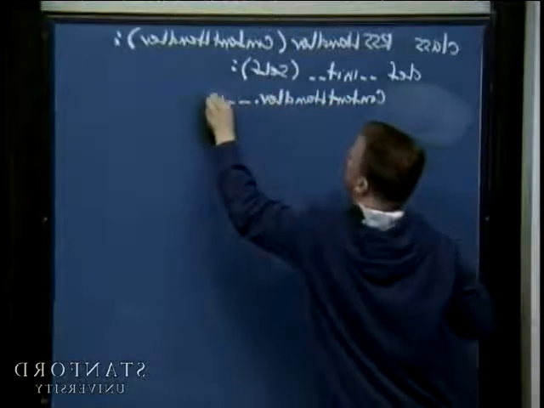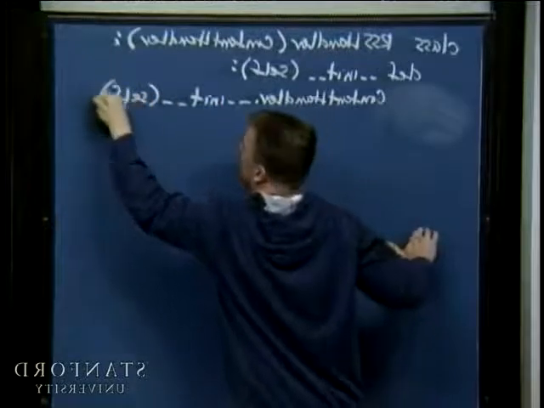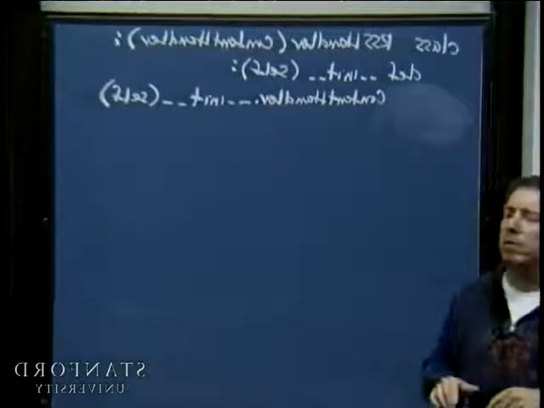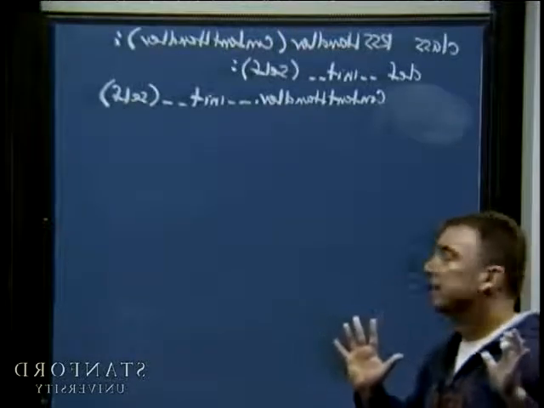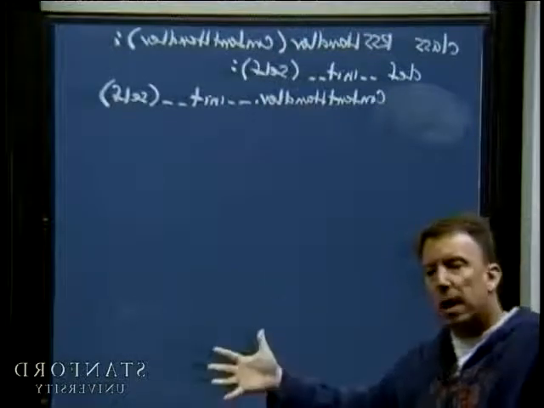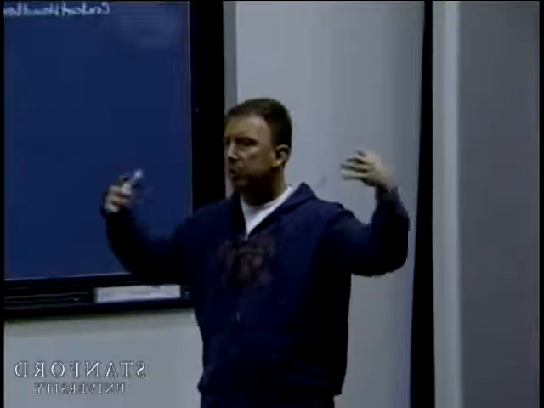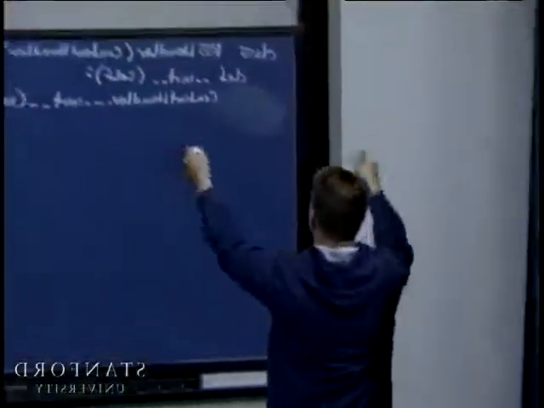This is how you basically do the equivalent of a super call in Java. Since I'm subclassing content handler, I have no idea what's involved in the construction of the pure content handler portion of it, but I should just make sure I call it in case there is something relevant there.